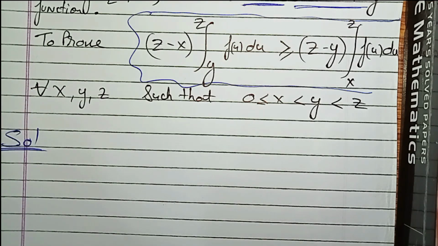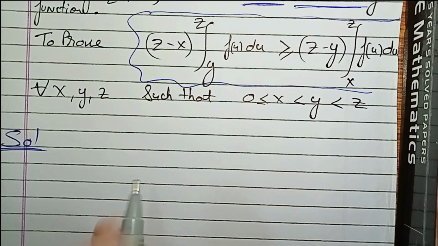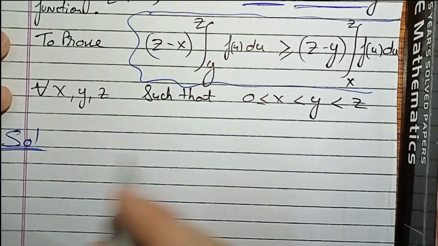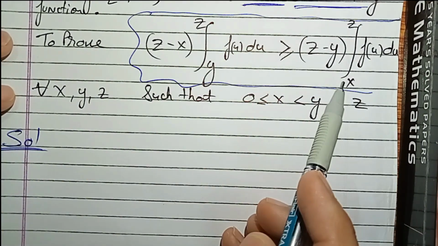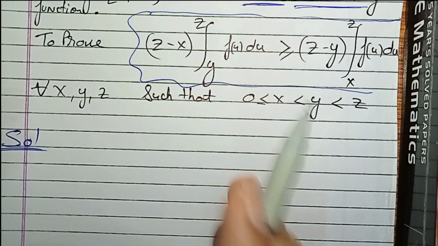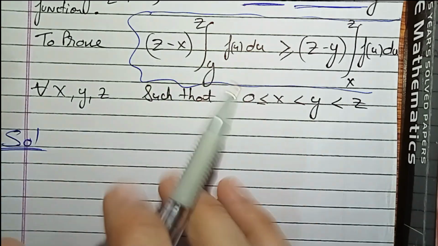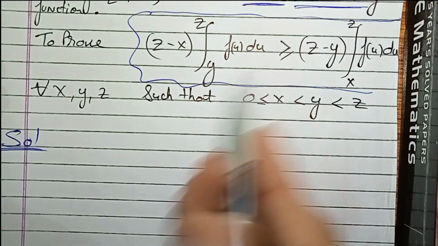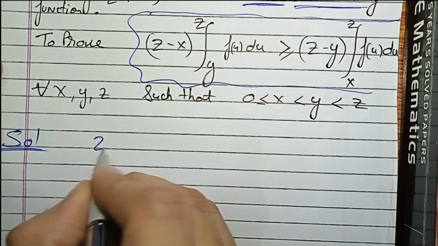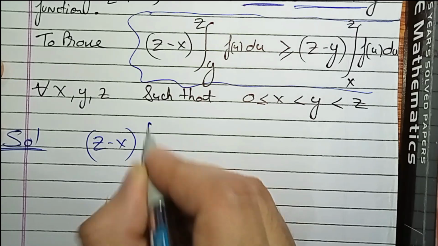So we'll do some sort of rearrangement, and that rearrangement is to break this x and z and to see how we can rewrite this inequality, and we do it in this way.